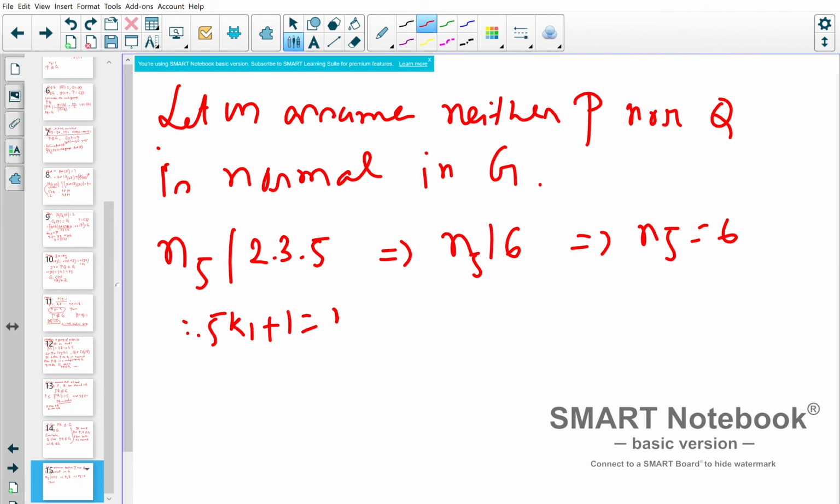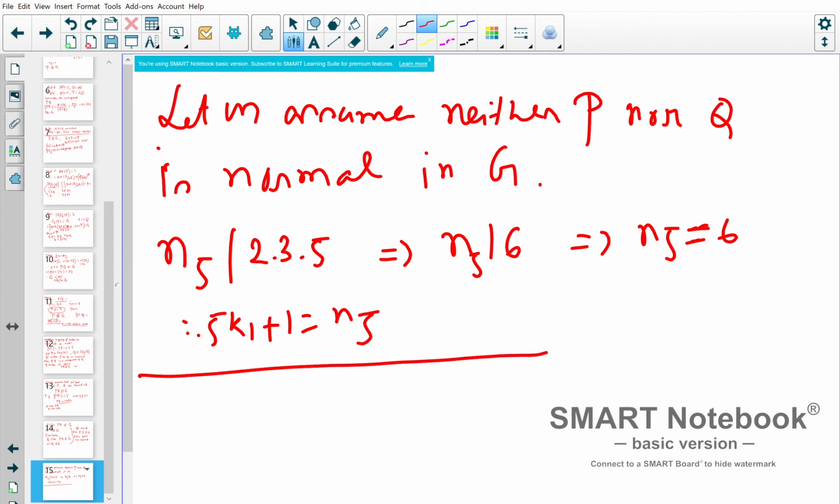There are other options, 1, 2, and 3, but 1, 2, and 3 are not possible.